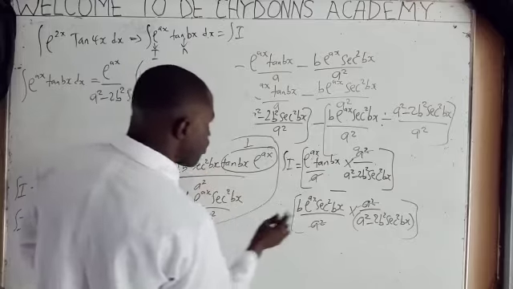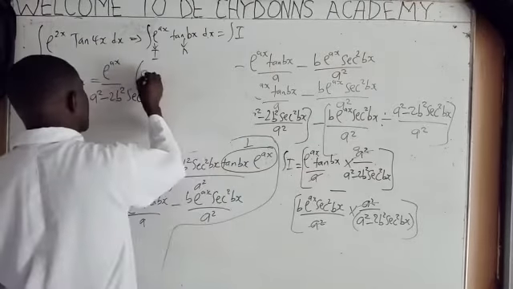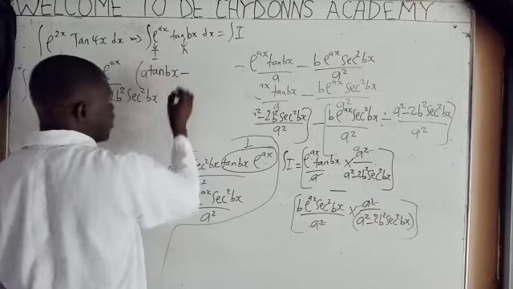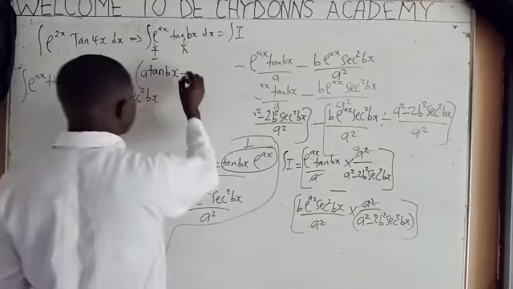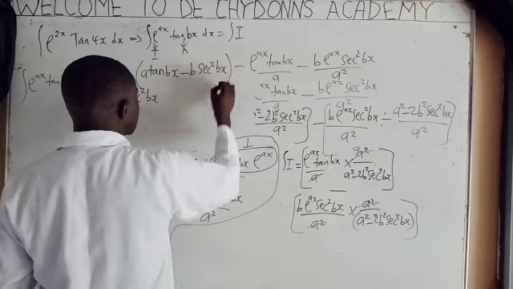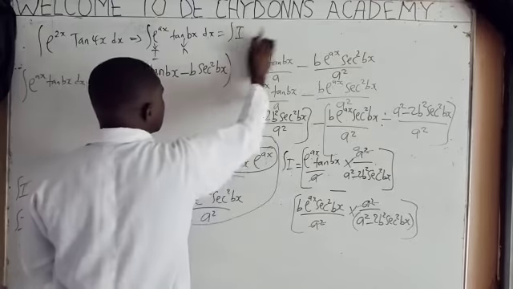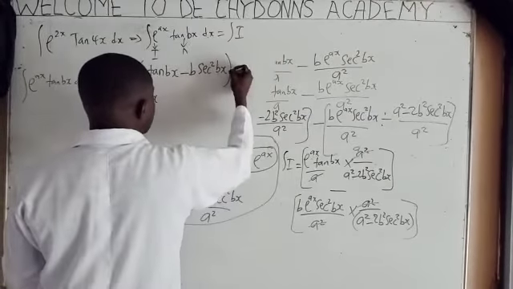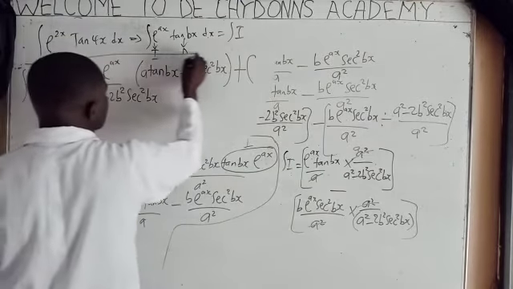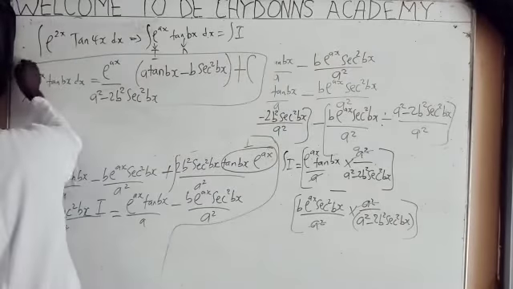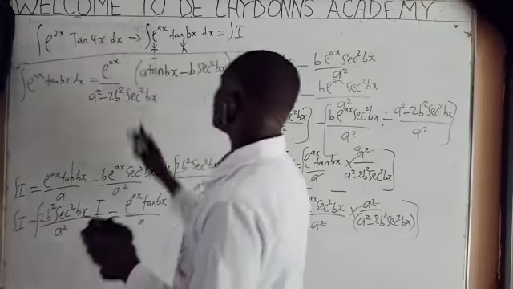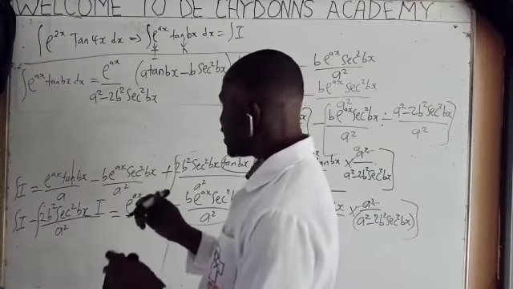I will say a times tan bx minus what remains here, b sec square bx. So I will say this is the integration formula I'm going to use. I included plus c because this integration symbol does not have upper and lower limits.